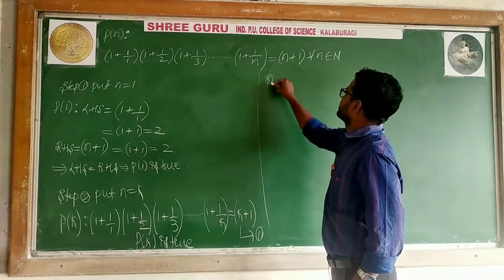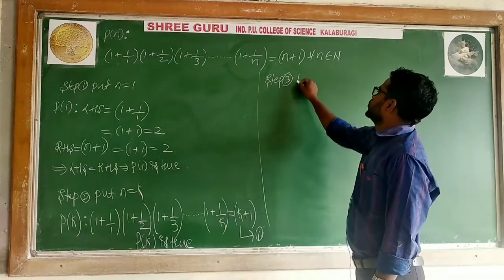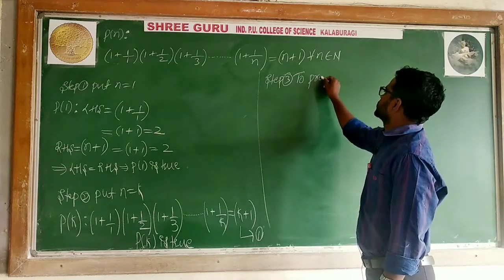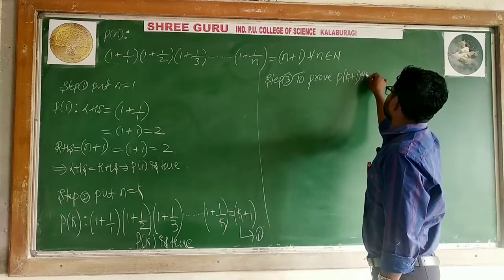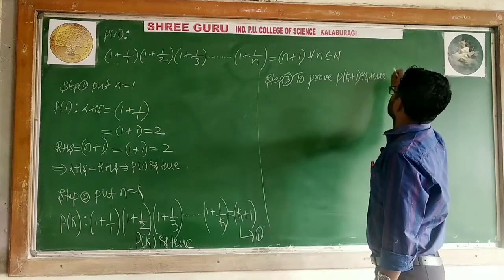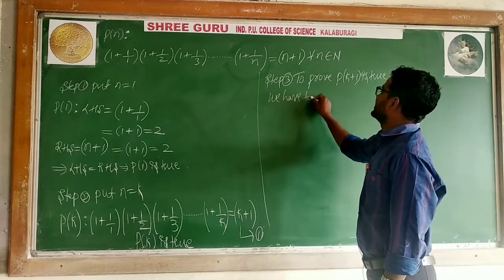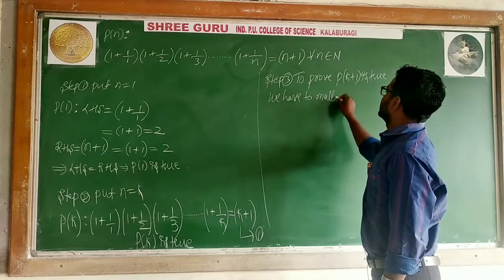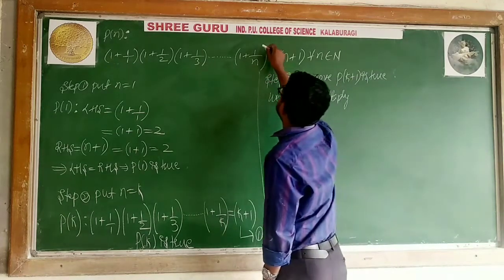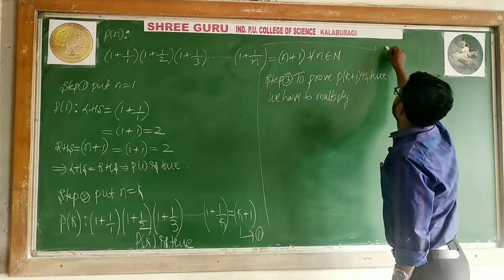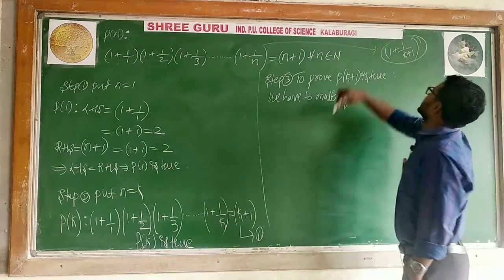Step 3: to prove P of k plus 1 is true, we have to multiply by this term. What is the term? 1 plus 1 by n, where n is k plus 1. This you have to multiply.